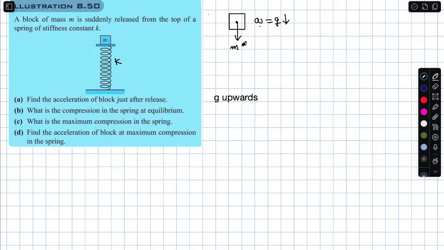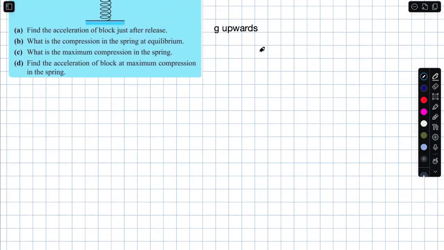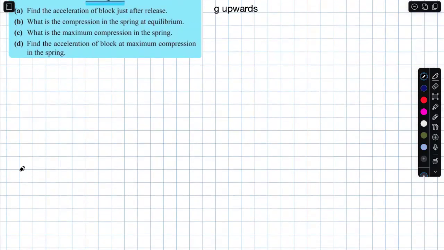Only when some compression happens, the spring exerts force. Now, for example, you take the situation like this. That is the spring. And we call this the relaxed length of the spring. At this stage, the spring is relaxed.